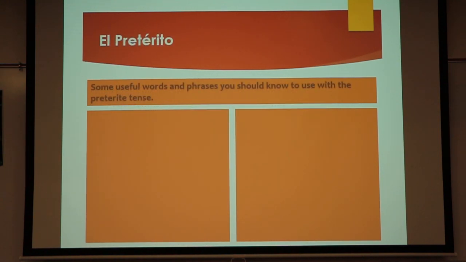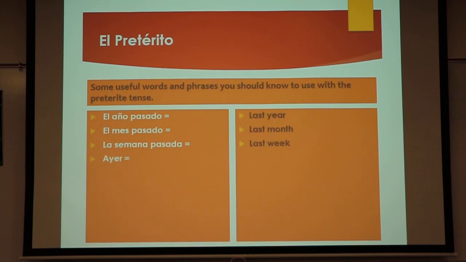Some more useful words and phrases you should know to use with the preterite tense are the following. If you know them, say them to yourself. El año pasado, last year. El mes pasado, last month. La semana pasada, last week. Ayer, yesterday.